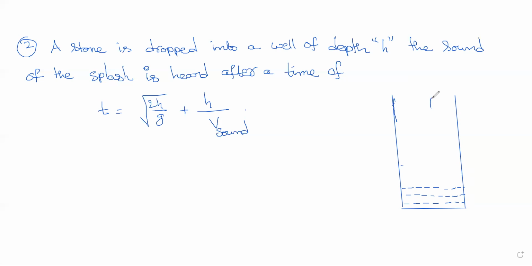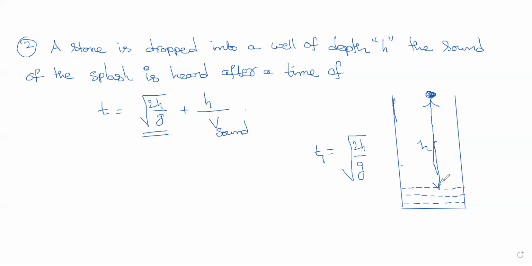From the top, this water is at a height of h, and now the stone is dropped like this. When the stone is dropped like this, what time will it take to hit the water? That is the t1 time it will hit it. That is square root of 2h by g. Just now we solved. Suppose h is the depth of the well. So that is the first part, that is t1.